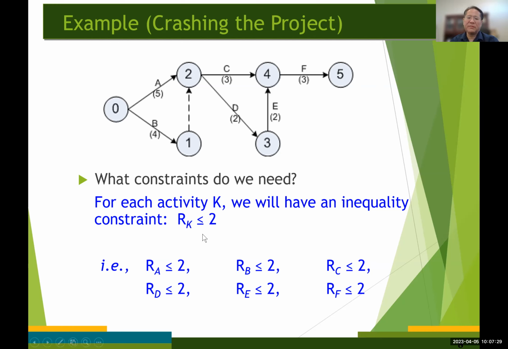Like this. R sub K has to be less than or equal to 2 days. Okay. So we will have 6 of these constraints, one for each activity, one for each arc in the project network.